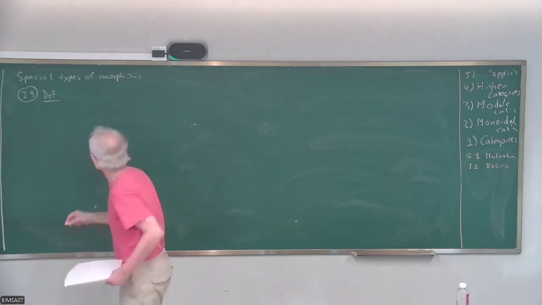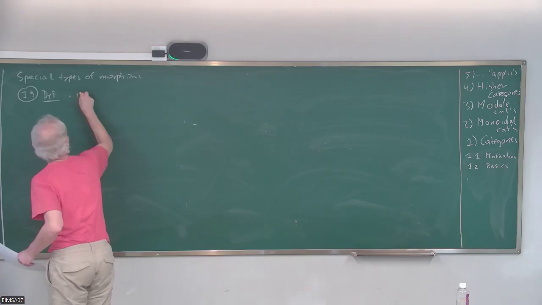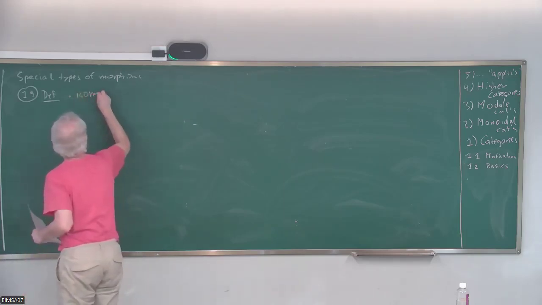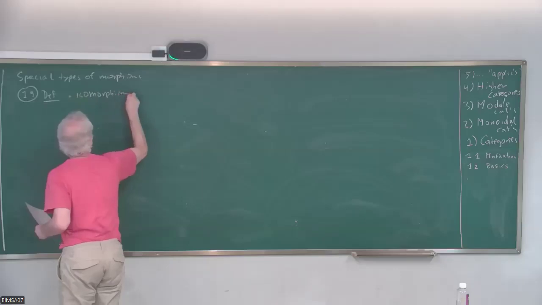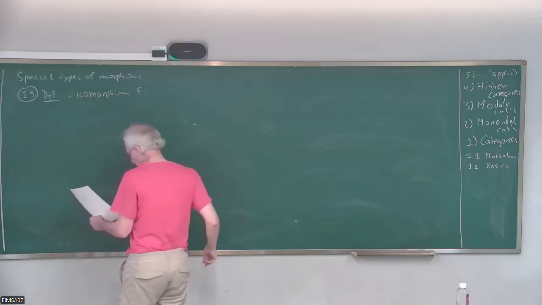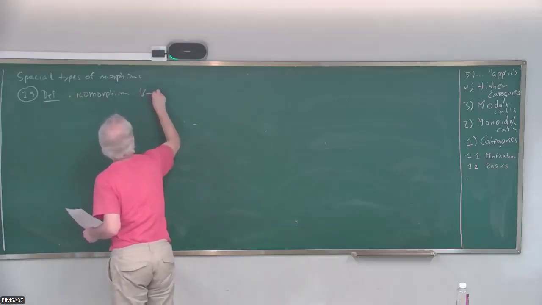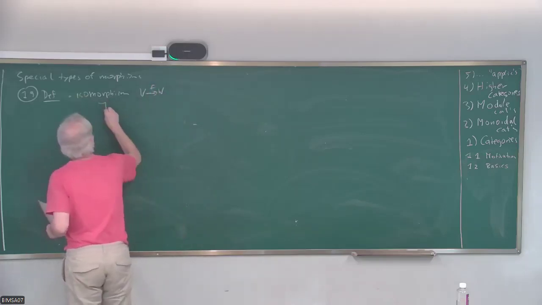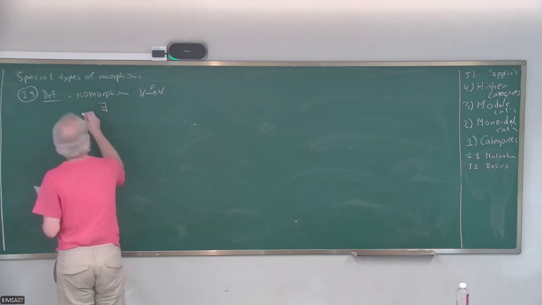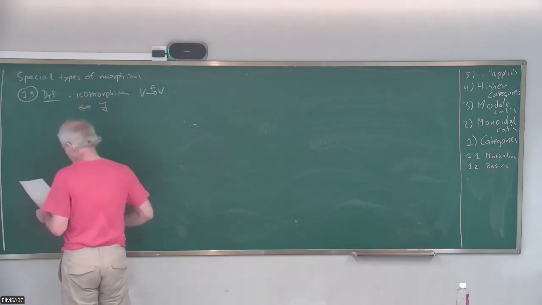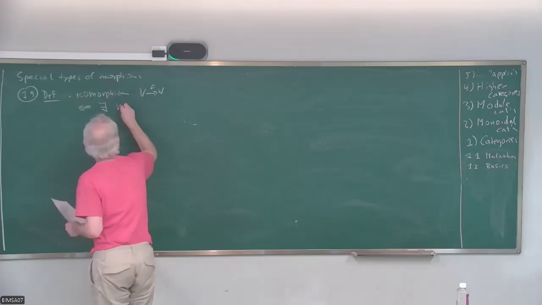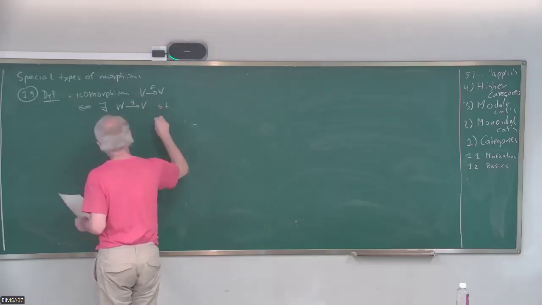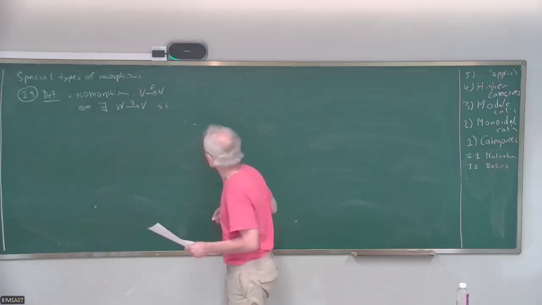Say we have an isomorphism, say F from V to W. It is an isomorphism if there exists some morphism, say G from W to V, such that if I compose them, I get the identities.